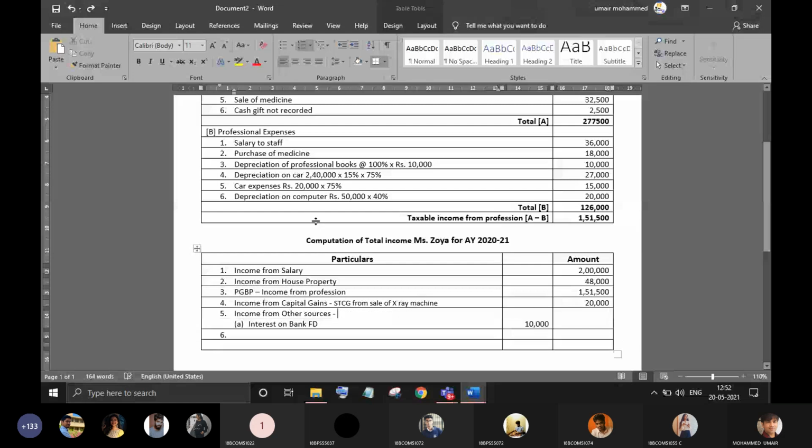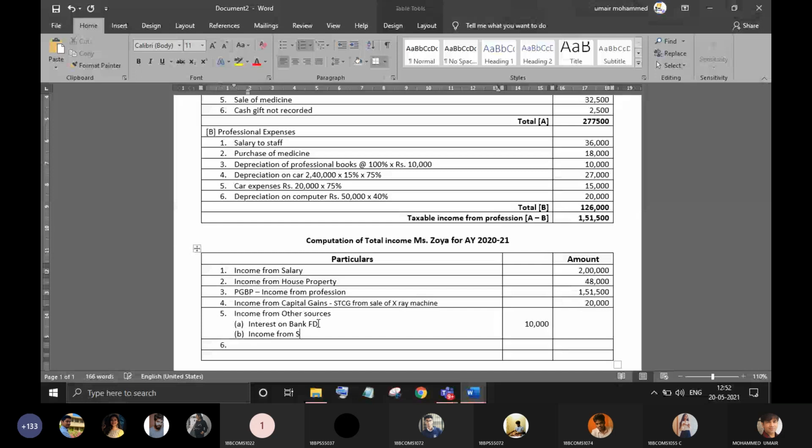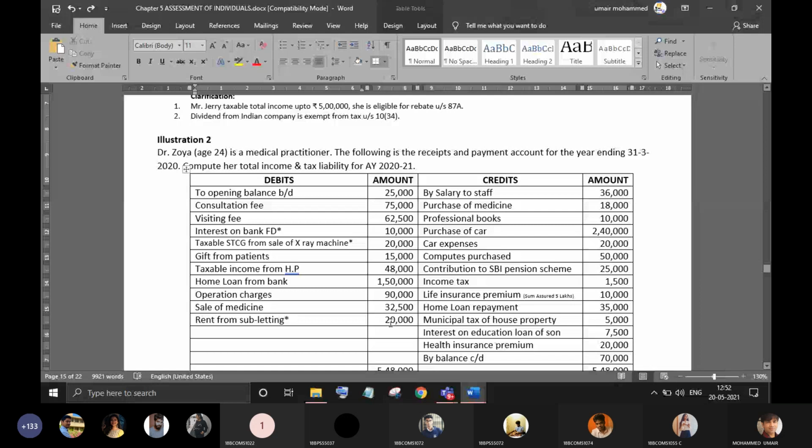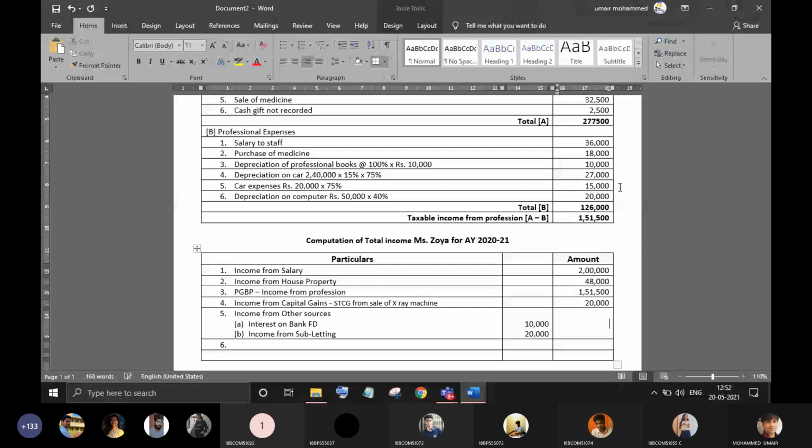Income from letting here, income from subletting 20,000. So total income from other sources is 20,000. So this will become the gross total income.